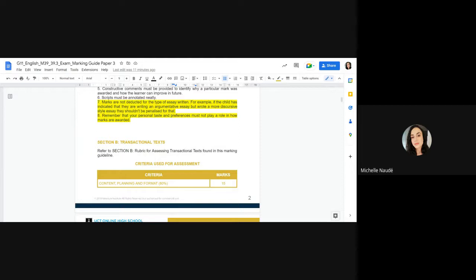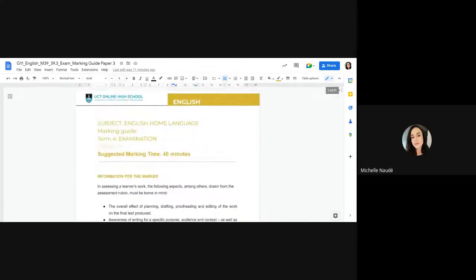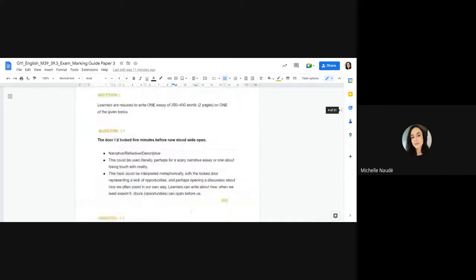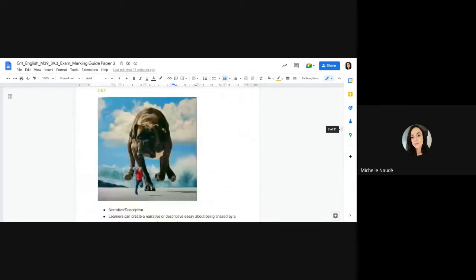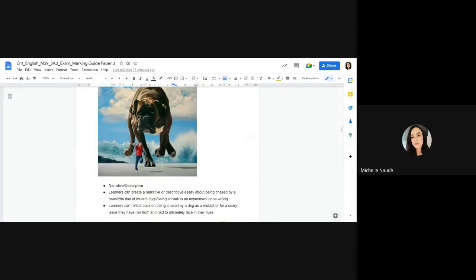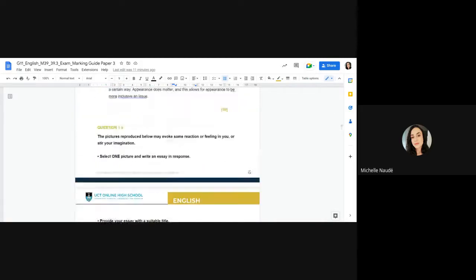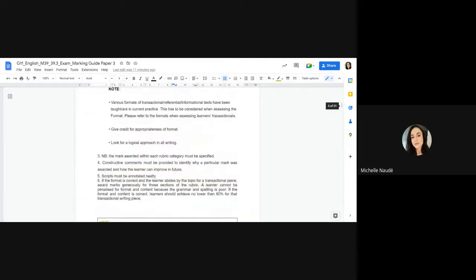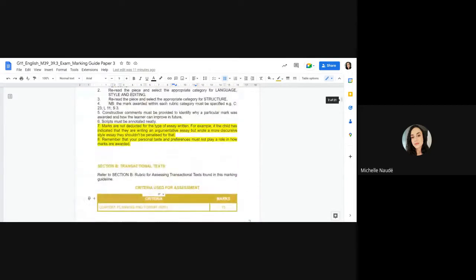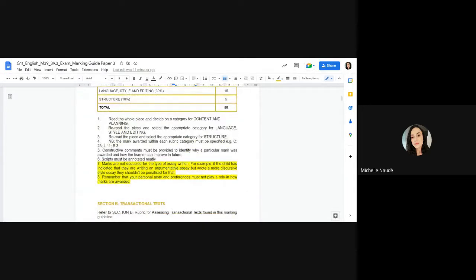Let's say they choose one of the pictures, let's say the one of the dog. Okay, you would assume then, as written here, it's going to be something narrative or descriptive. But like I say, we don't expect them to stick to one completely throughout. We're not very harsh around that. So that's not something to worry about too much.